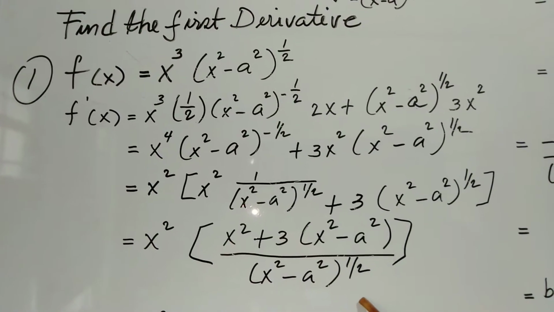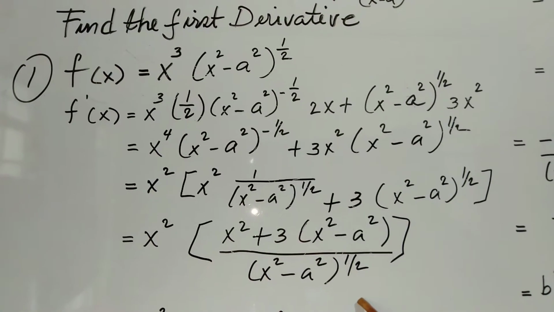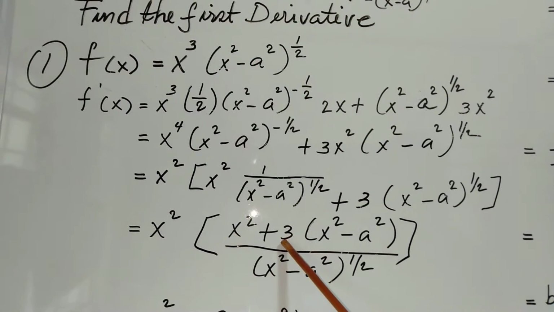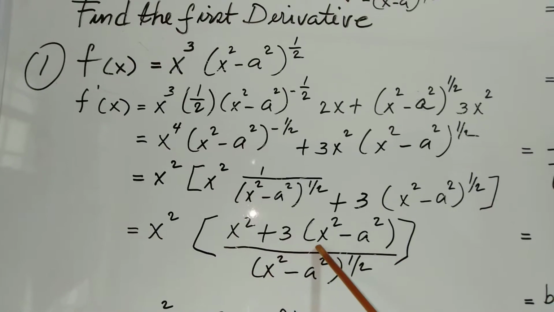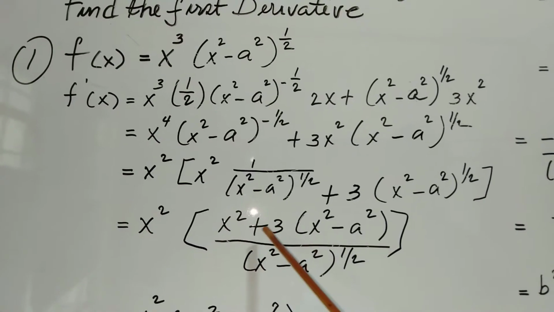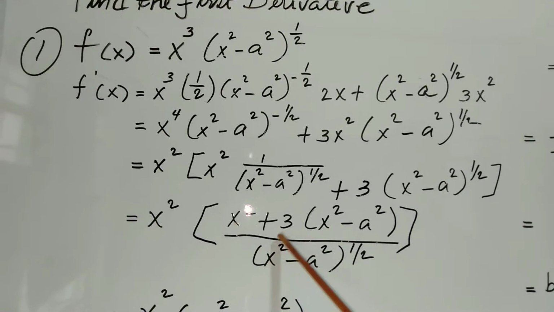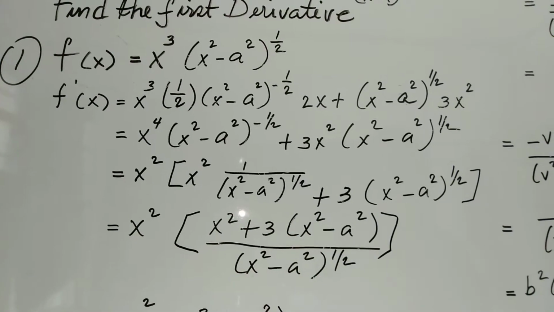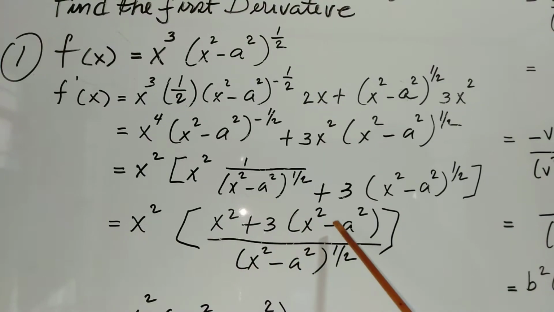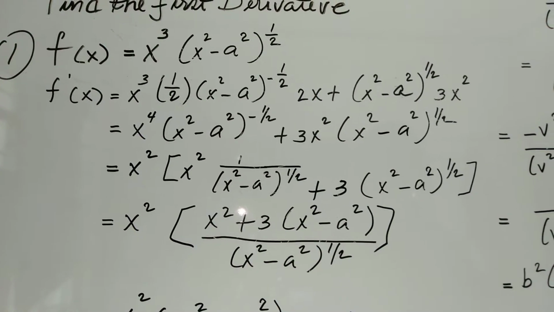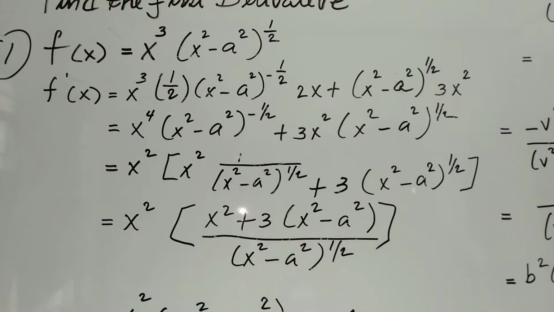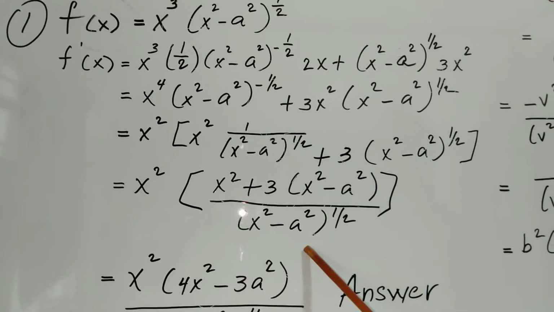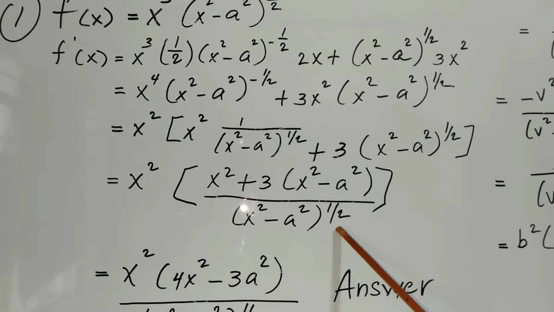So after this, we combine, we multiply 3 to this parenthesis here. So what remains is x squared plus 3 times x squared is 3x squared. And we combine that, it becomes 4x squared. So 3 times negative a squared is negative 3a squared, times x squared over x squared minus a squared raised to 1 half, no?